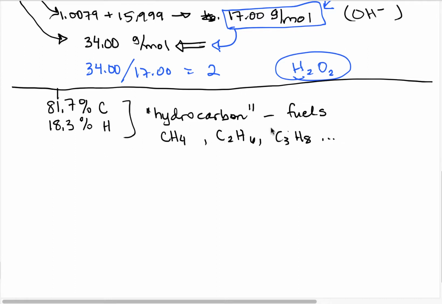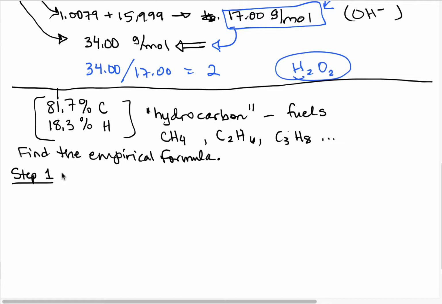So these are very familiar to us in terms of fuels that we use, but we don't necessarily know that much about them. So here is the information that we have. When we are finding the empirical formula, this is our job. Our first step is going to be to make our lives easy for ourselves by choosing a sample that has exactly 100 grams.